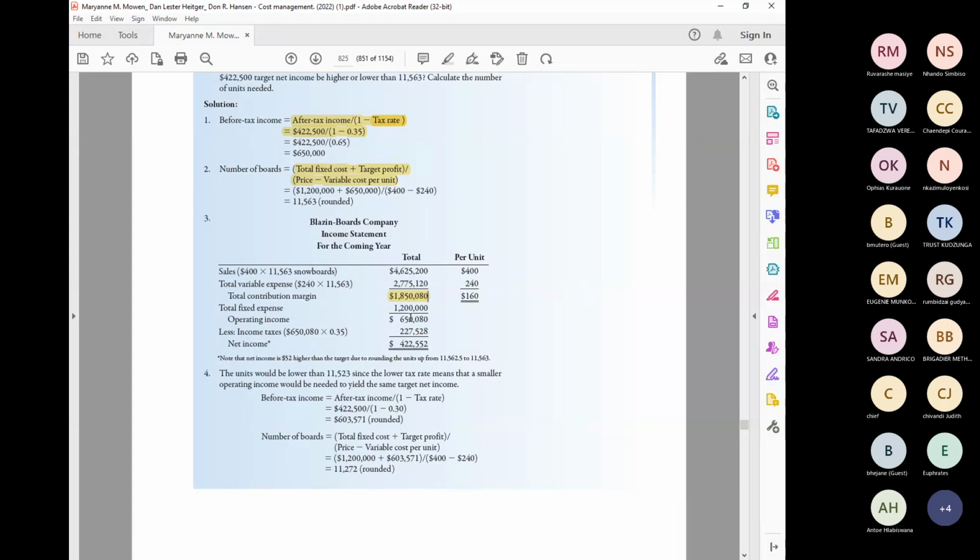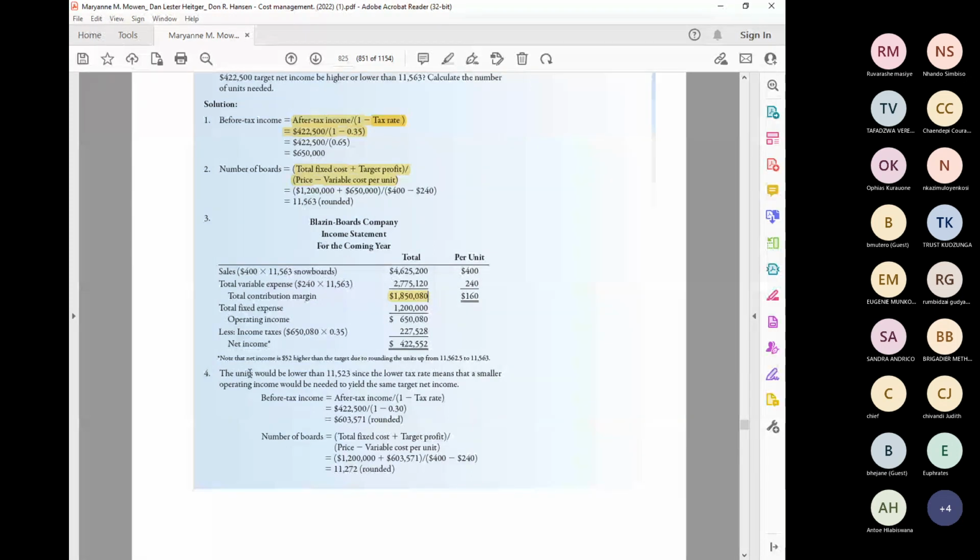And then after that, we say total fixed expenses. That is 1,200,000. So we subtract total fixed expenses and we get 650,080. We then less income tax. So income tax, we say 650,080 times 35%. That is 227,528.